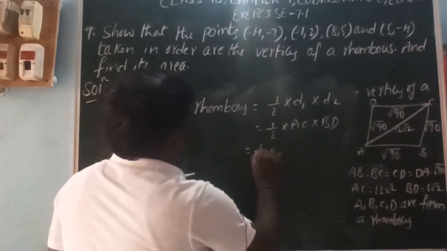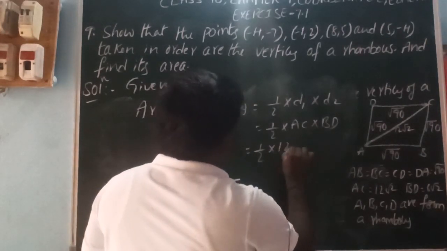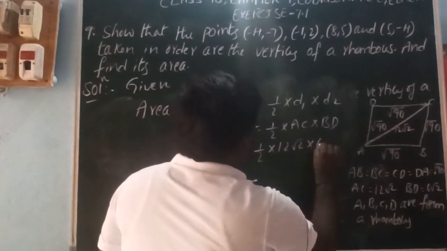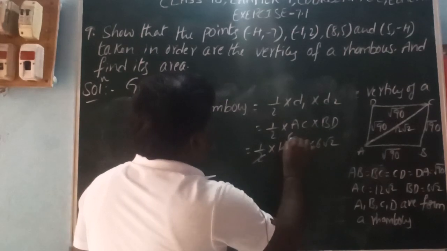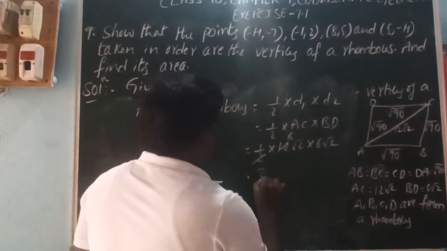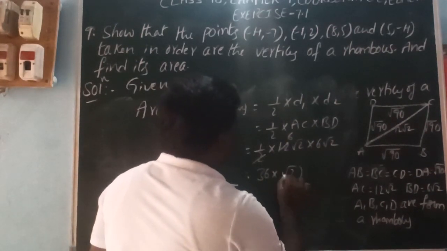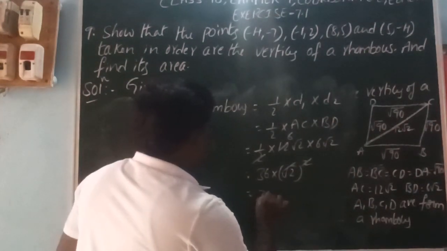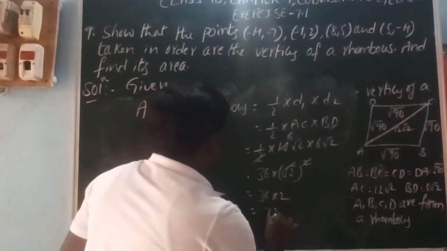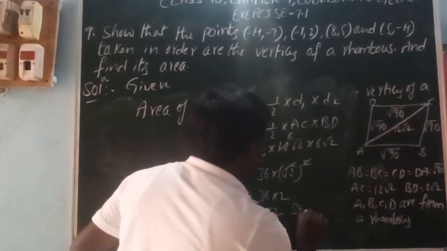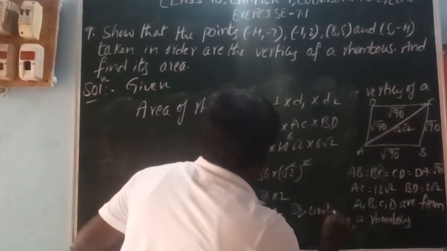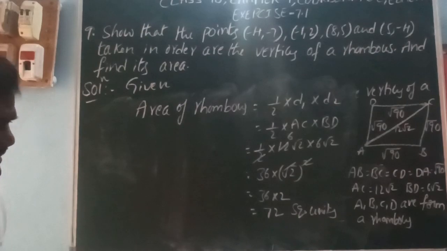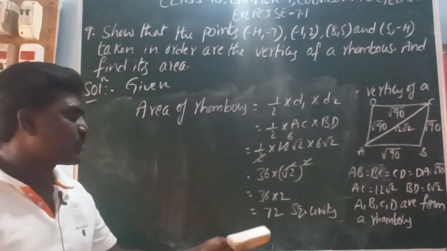AC is 12 root 2, BD is 6 root 2. So 2 ones are 2, 2 sixes are 12, 6 sixes are 36, into root 2 into root 2 whole square. The square root cancels, 36 into 2, that is 72 square units. So the area of rhombus ABCD is 72 square units.